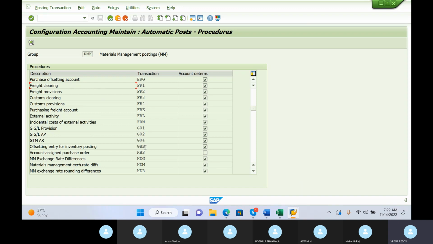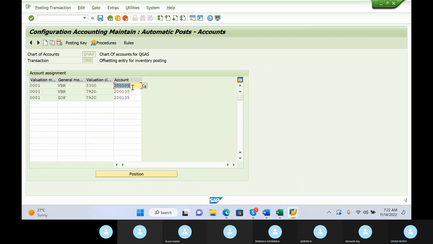But if the product is going to some warehouse, or the product is reducing, or there is some scrap, meaning things related to products or services happening in our organization, these are offsetting entries related to products or services.